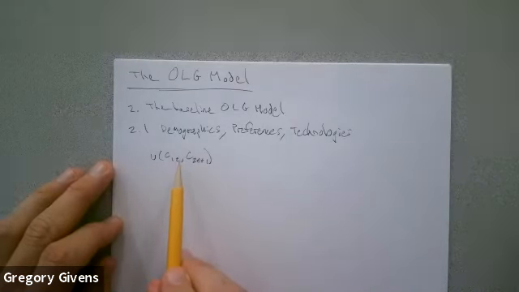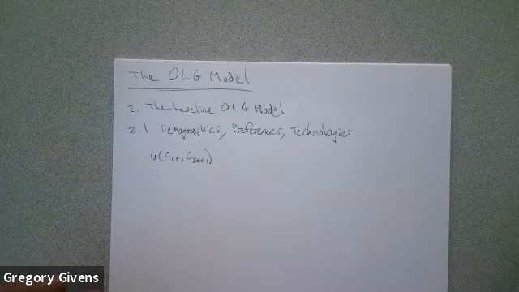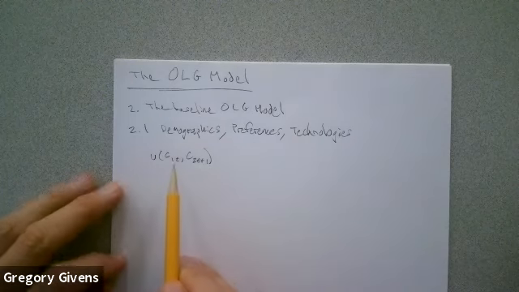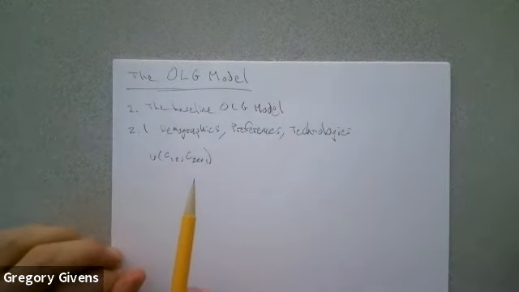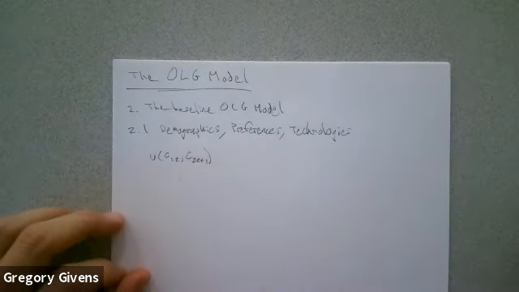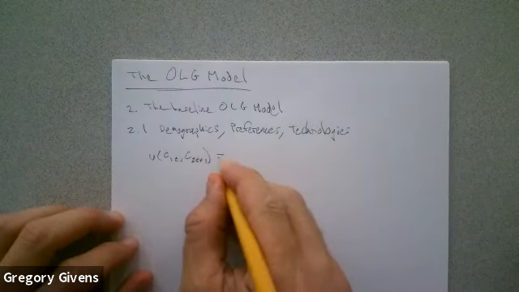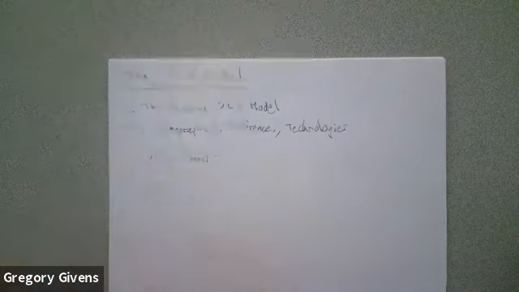The t indicates what period we're talking about. So C1t is the consumption of a young individual who was born at the beginning of date t. That young individual becomes old at date t+1. So C2t+1 is the consumption of an old person at date t+1, who was obviously born in date t.